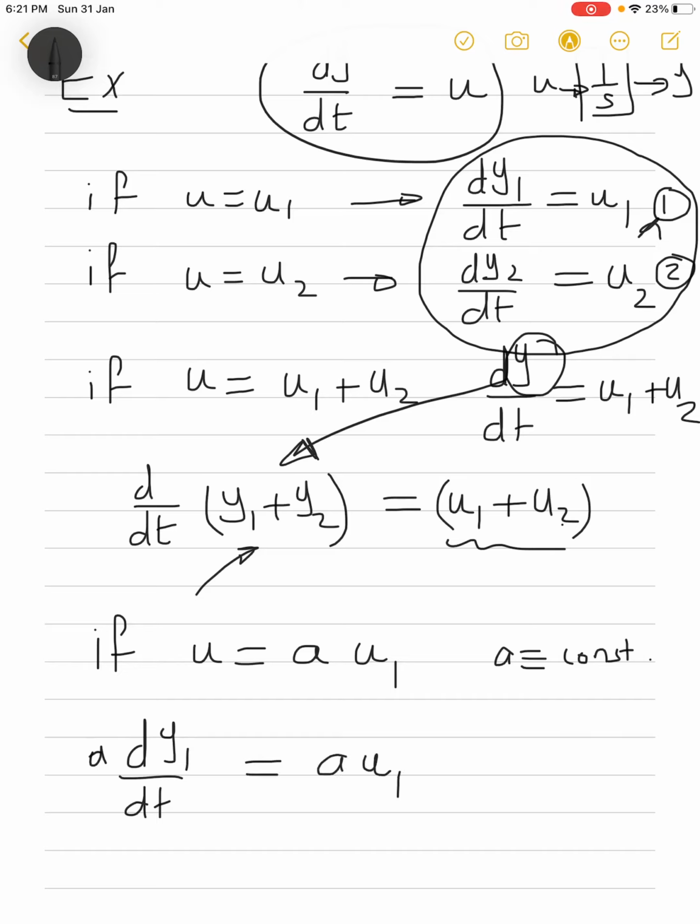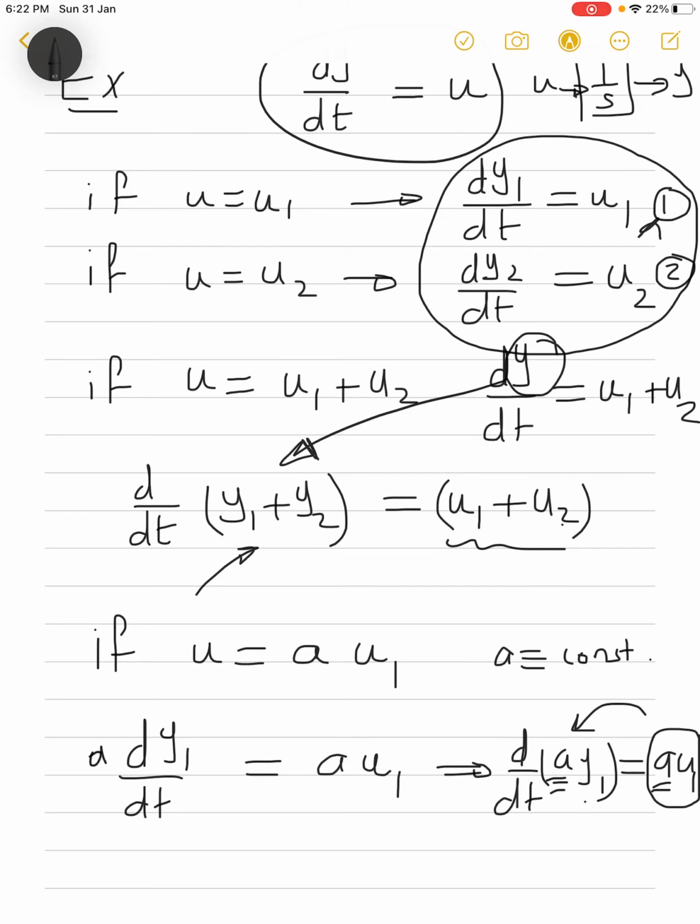I get a times dy1/dt equals a times u1, which can be written as d/dt of (a y1) equals a u1, and again the input, which is u1 scaled by a constant a, results in the same output y1 scaled by the same constant a.